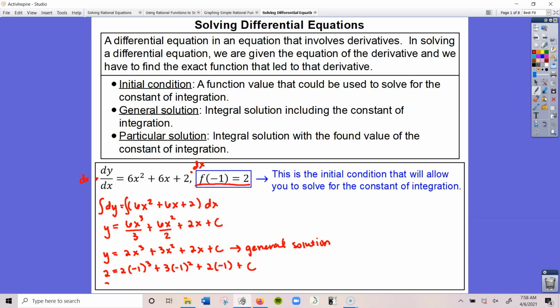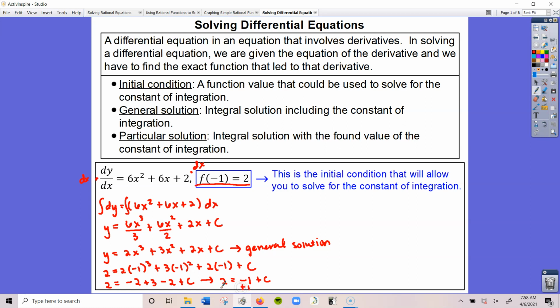We work this out. 2 is equal to -1 to the third is -1 times 2 is -2. -1 squared is +1 times 3 is a +3. 2 times -1 is -2 plus c. So continuing on, we have 2 is equal to -2 plus 3 is 1, minus 2 is -1 plus c.